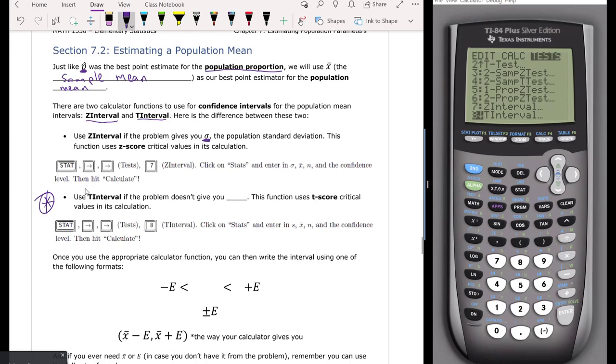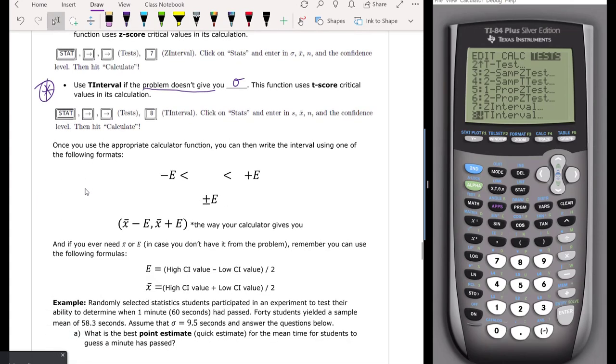Most of the time, if the problem does not give you sigma, the population standard deviation, you're just going to use T-interval. So that's basically how you know when to use which one.